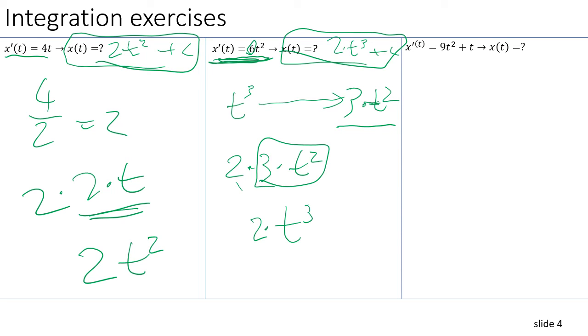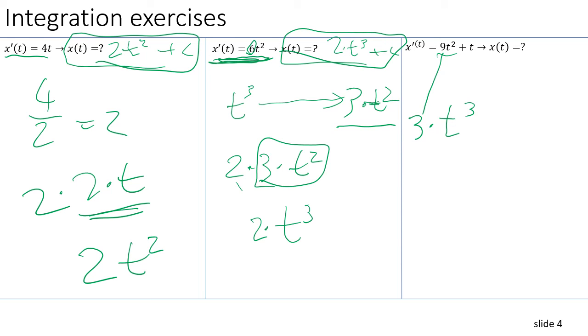What is the integral of x prime of t equals 9t squared plus t? Well, from all the things we learned, we know that the integral of 9 times t squared is just 3 times 3 times t squared, and the integral of that is 3 times t to the third power.